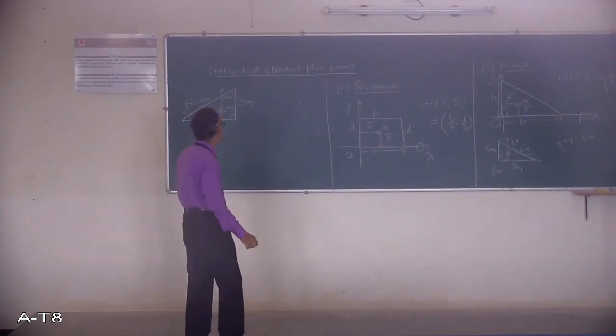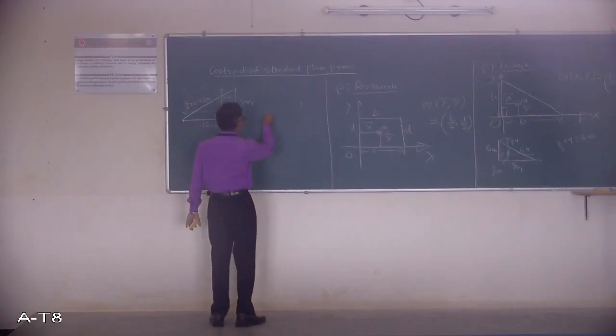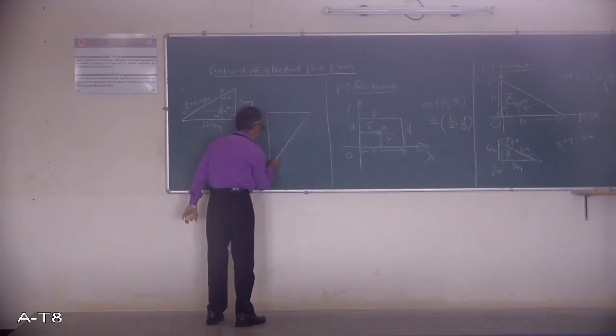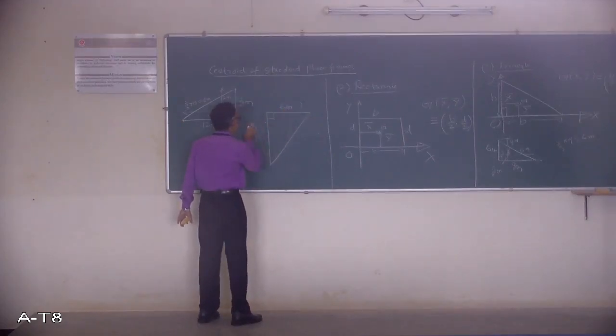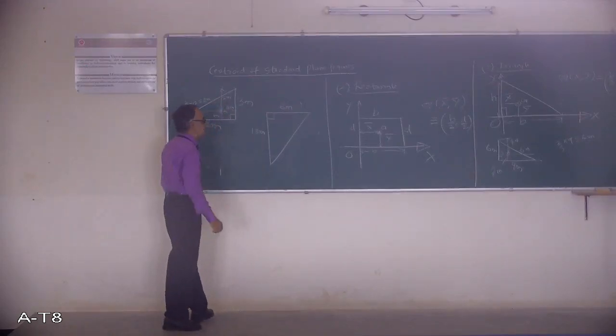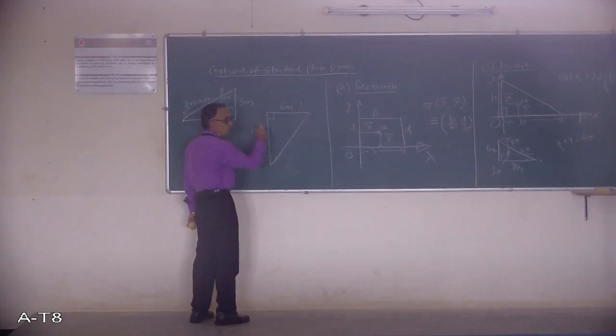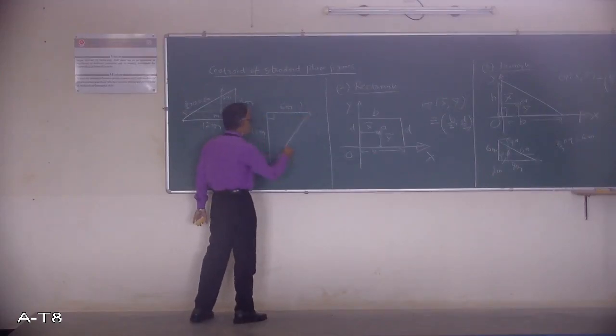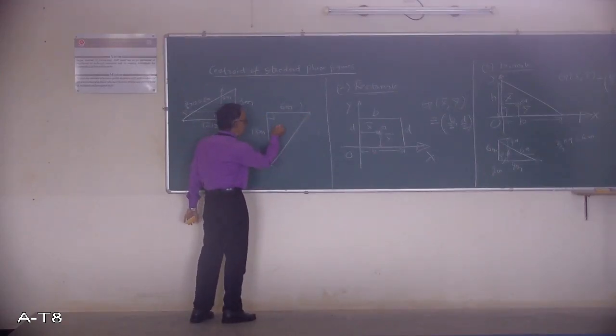Now I will take another example of the same triangle. 90 degrees, let us assume this is 6 meter, let us assume this is 18 meter. I told you, 90 degrees is very, very important. This is called the apex. I will mark the centroid here.